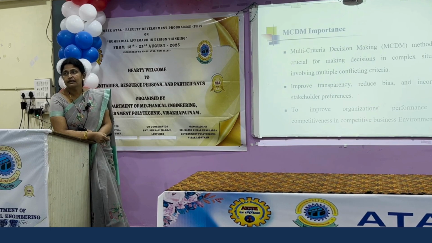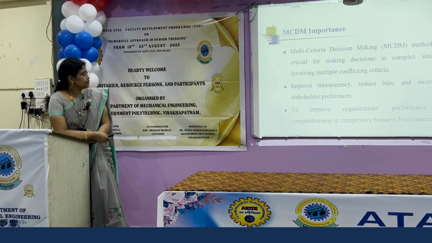Here we will consider the decisions of different decision makers. We will evaluate the performance of each choice. The main important thing is that we are incorporating the preferences of the stakeholders.